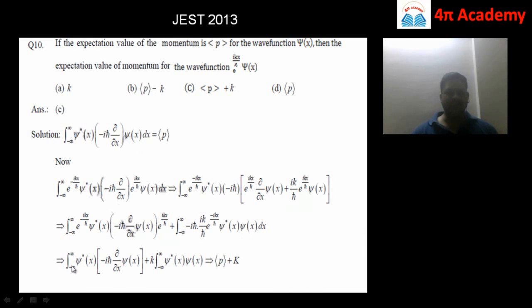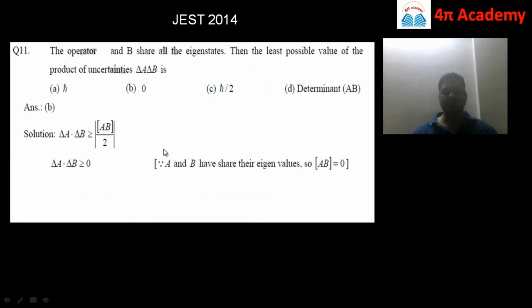So that will be equal to integration from minus infinity to infinity psi star of x into minus ih cross del del x of psi, plus k into integration from minus infinity to infinity psi star of x into psi of x. So now this is our operator. This is the expectation value of momentum, that is P. This is given.